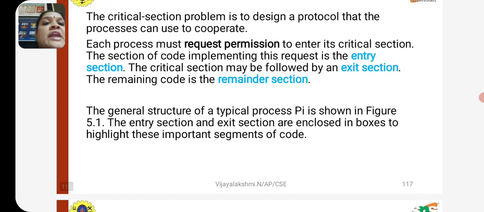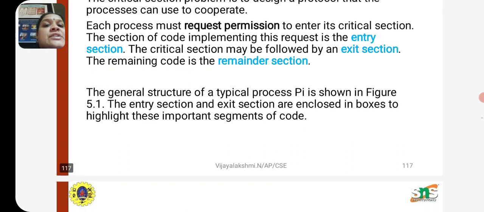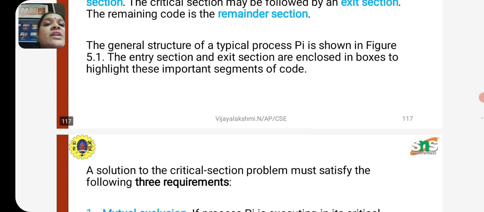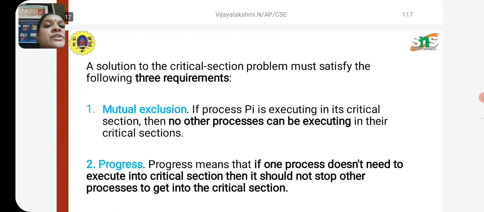Then only can it move forward. The next is exit. Once the process has entered and all the work has been done, it has to move on to the exit section, and the remaining code will be placed in the remainder section. So this is the general structure of the critical section here.